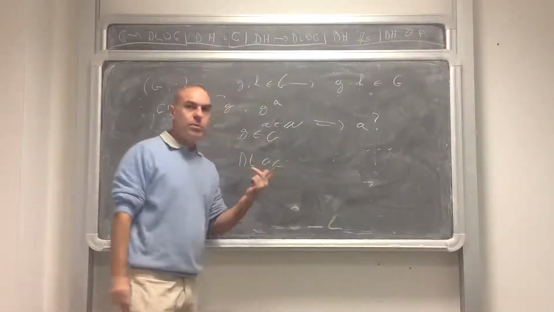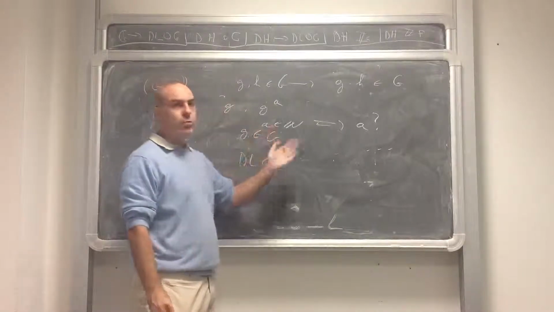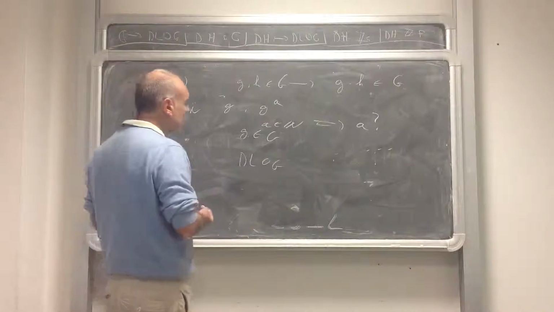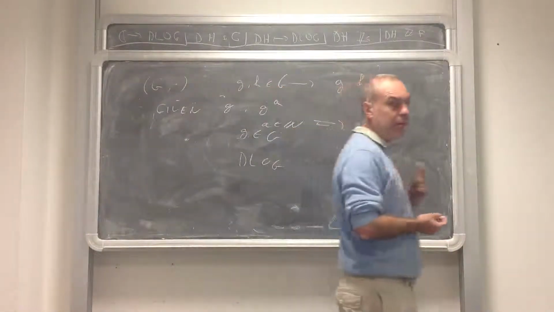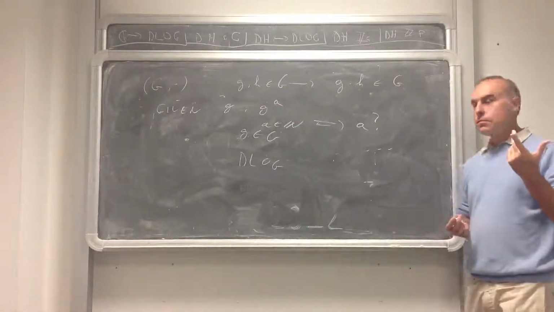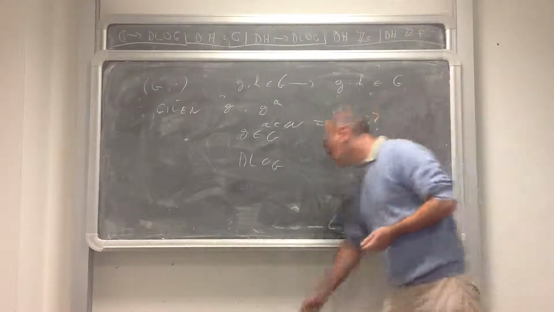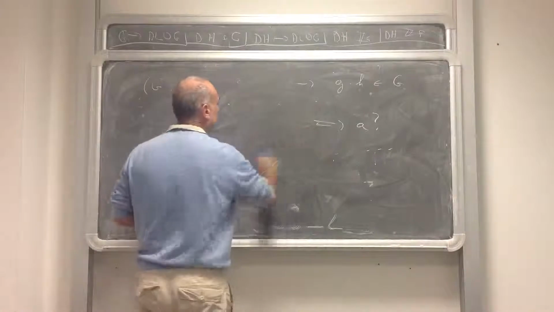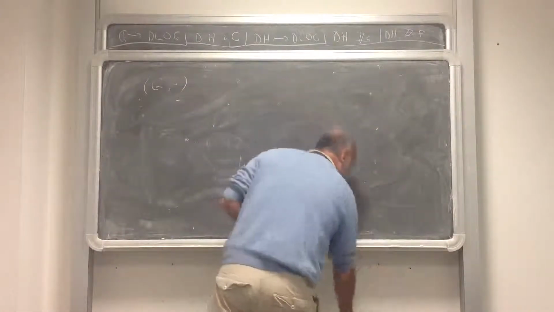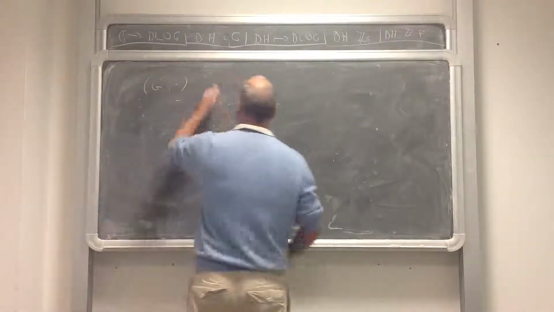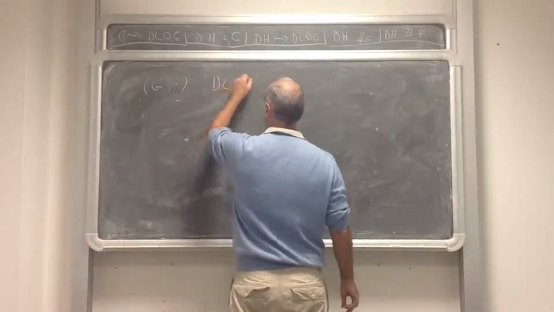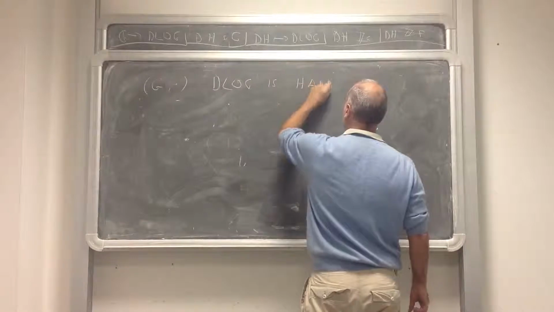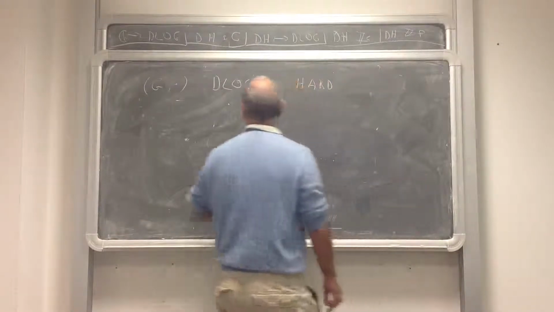You have G, G to the A, you want to find A. There are groups where this problem is hard, and there are groups where this problem is easy. Now, suppose that G is a group where the log is hard. What do we do now?